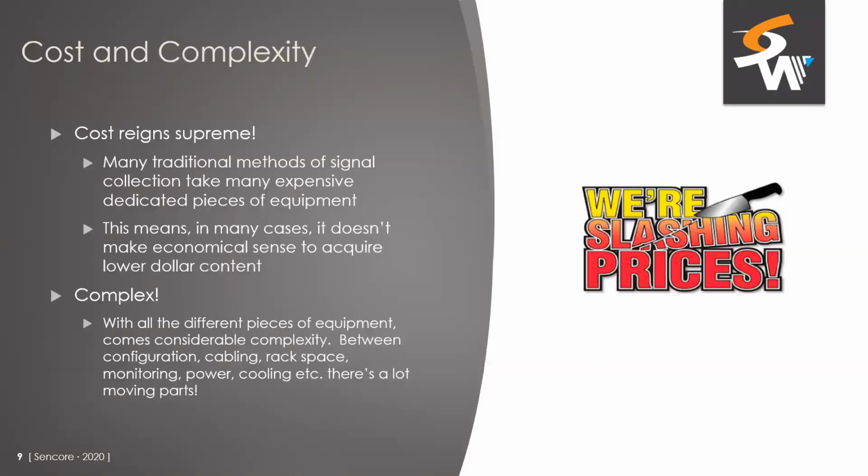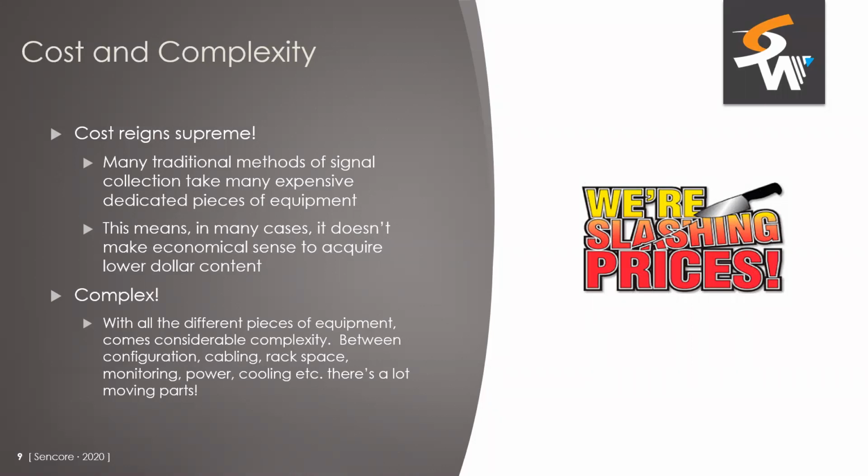So why should we change? The big one is cost, right? All those solutions, if it's a satellite truck, a news truck, a full rack of equipment, et cetera, all that stuff costs a lot of money. That equipment is not cheap, and at the end of the day, what management's looking at and what the accountants are looking at and everyone else, they see how much it costs to do that.